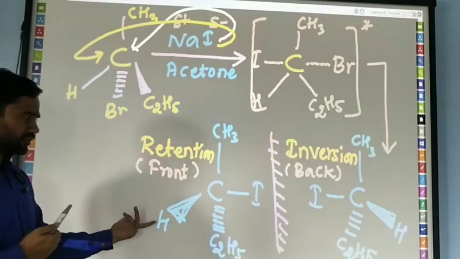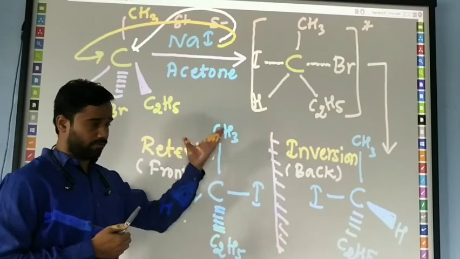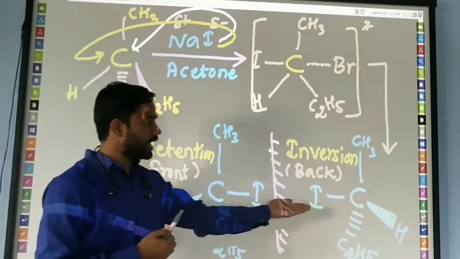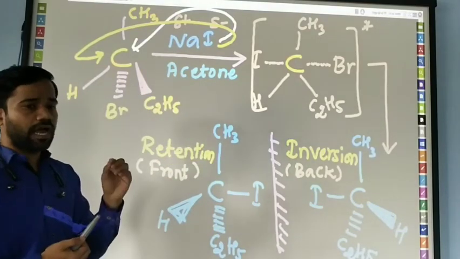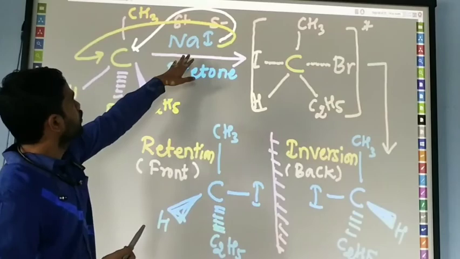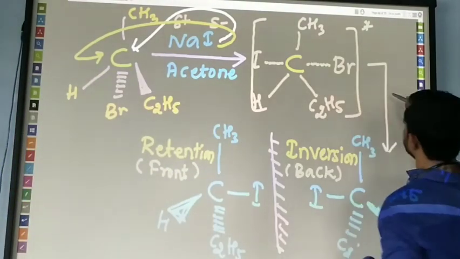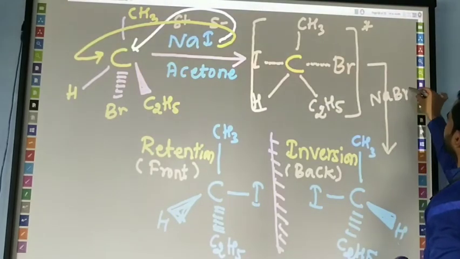With the elimination of the previous halide, we are going to form the iodide here. With that we are forming another side product, sodium bromide. There is a formation of a salt like sodium bromide.